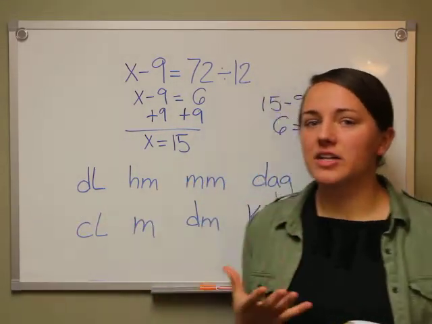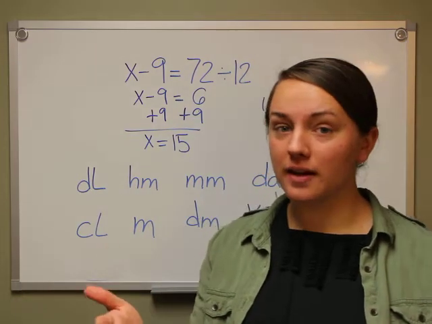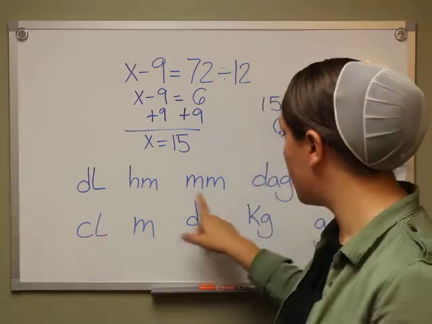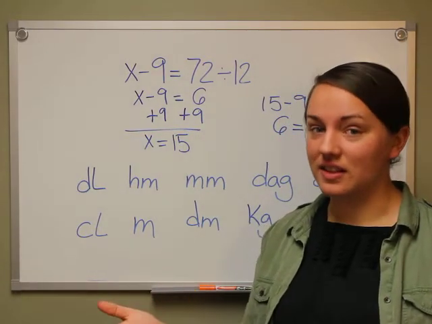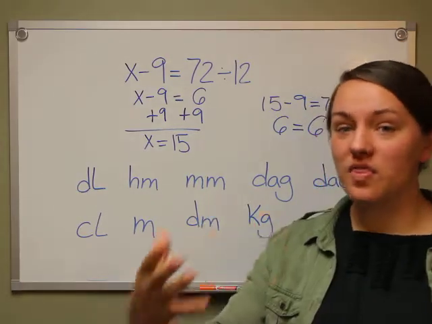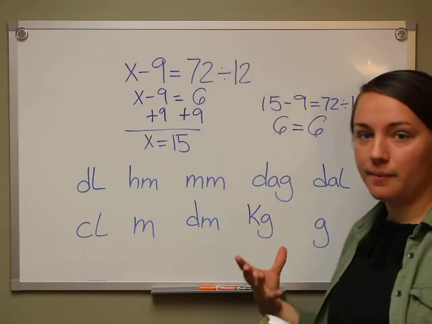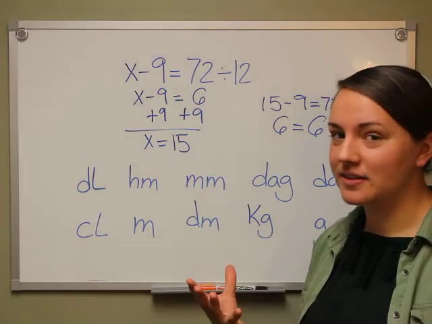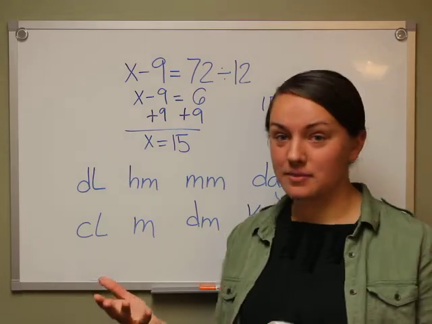HM, that's for hectometer. What does hecto mean? 100. So a hectometer is 100 meters. Millimeter, what does milli mean? 1/1,000th. Okay? So a millimeter is 1/1,000th of a meter. It's very tiny. Decagram, what does deca mean? 10. So a decagram is 10 grams.